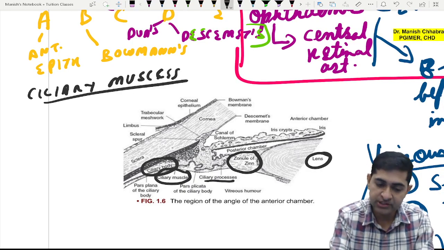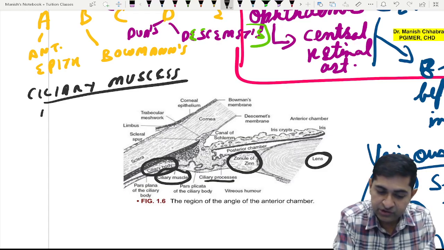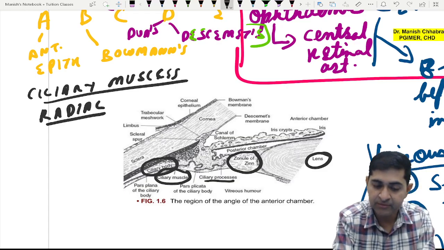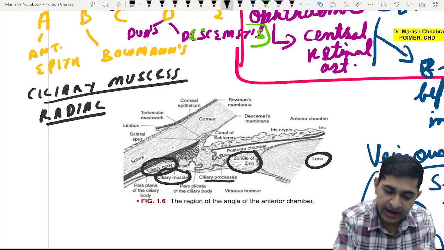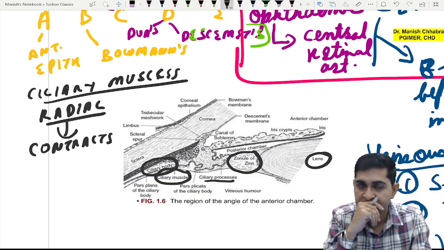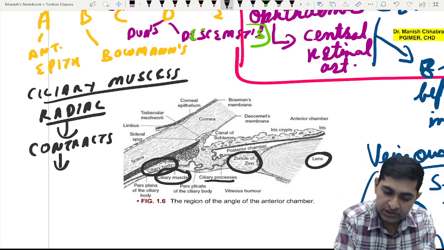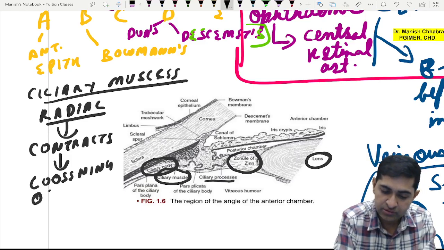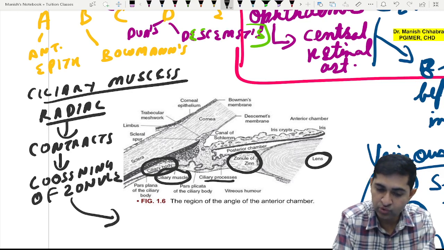There are ciliary muscles, which are sort of radial muscles, and when they contract, it leads to loosening of zonules.